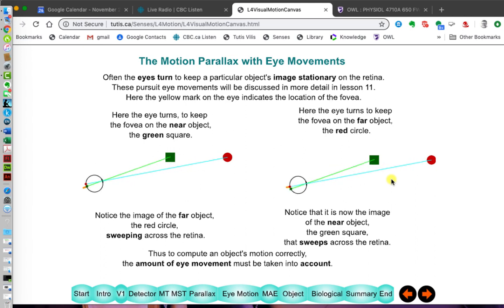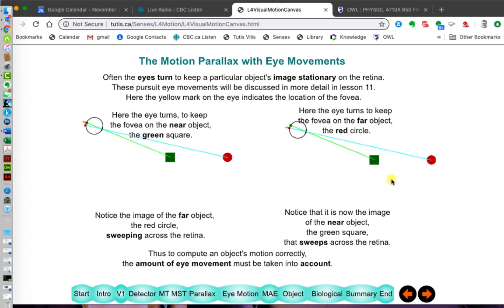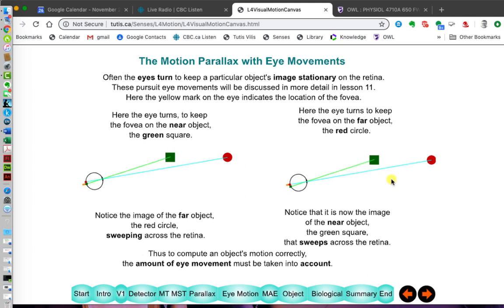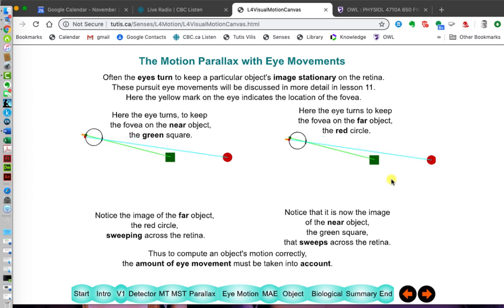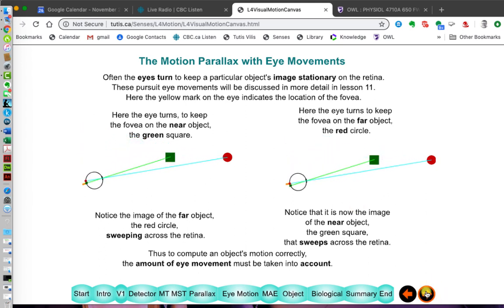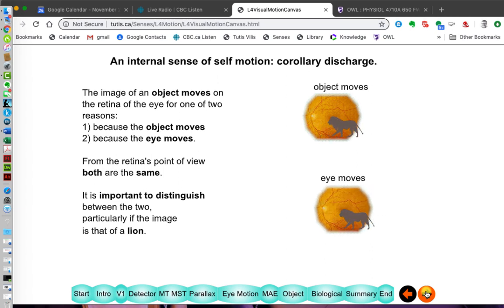So in order to figure out how far and how near an object is, besides the relative speed of things, we have to know what the eye is doing, whether it's following it, whether it's moving or not. So how do you figure out whether it's moving or not? That's of important survival value.